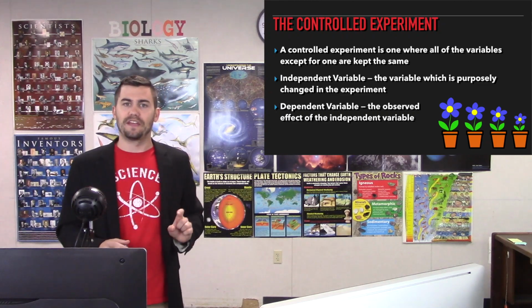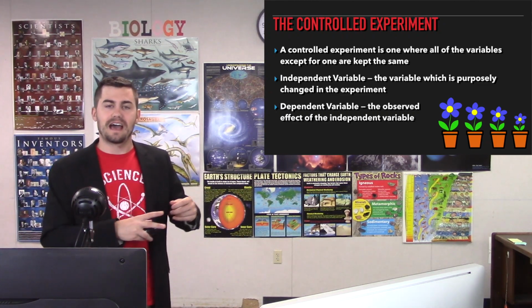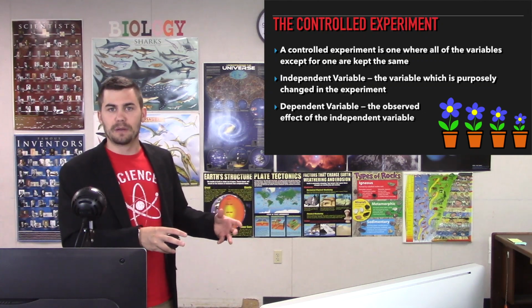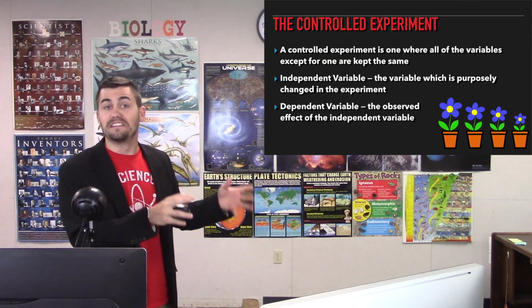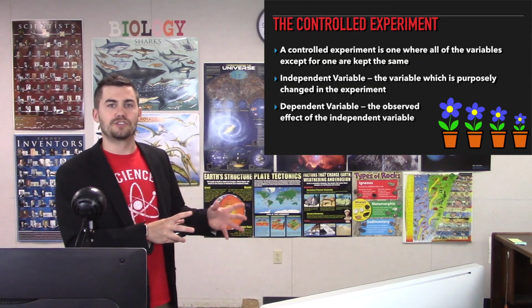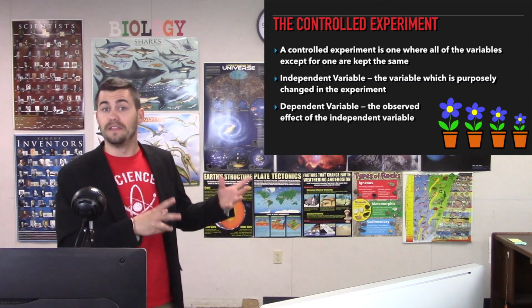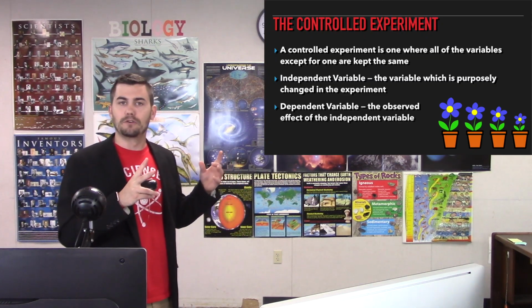And one other thing that I don't have on here is you need to have a control group. You need to have a separate group in your experiment that is not subjected to any independent variable, because there can be errors in your experiment. So in this case, we would grow plants.